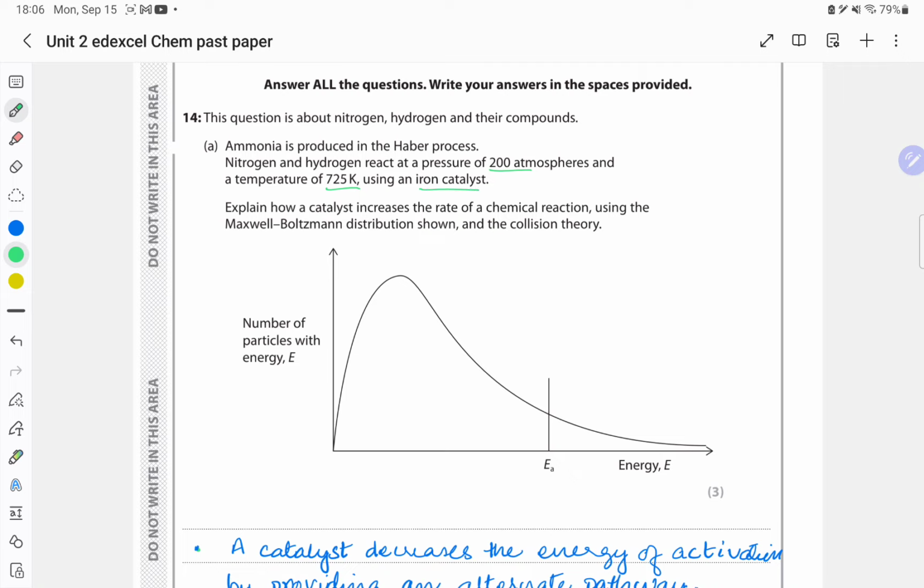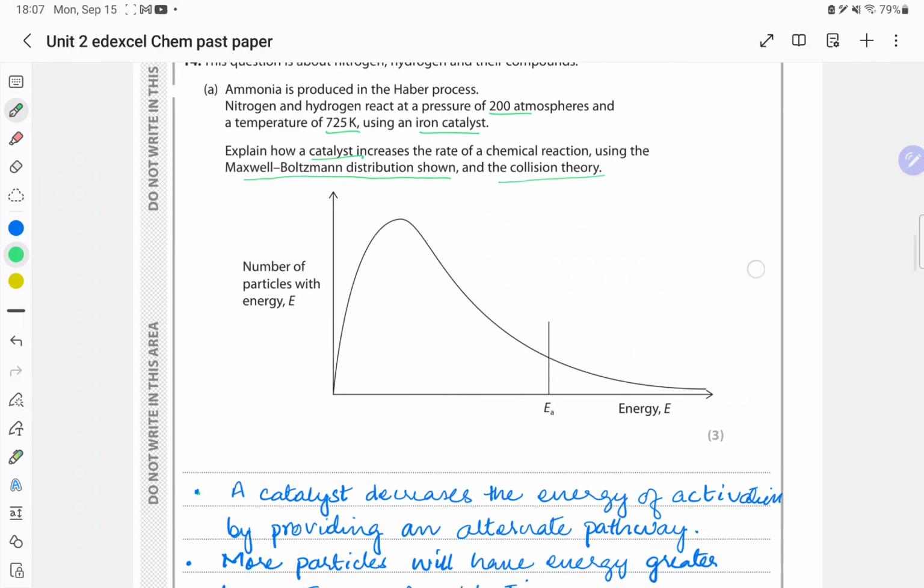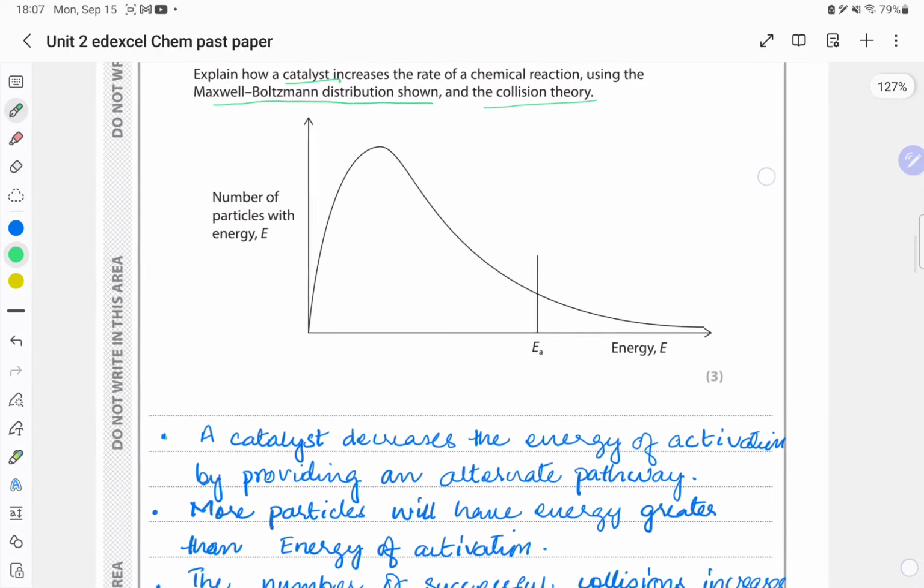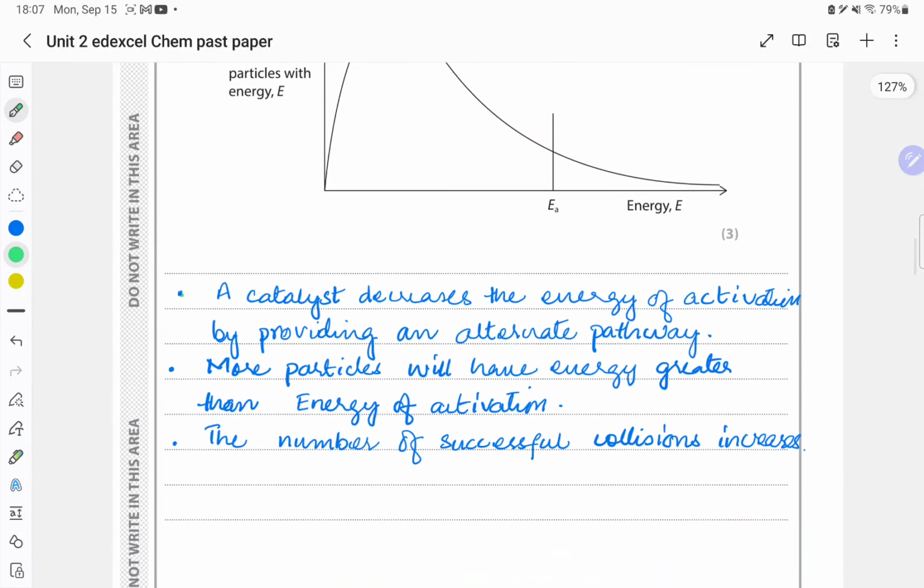Explain how the catalyst increases the rate of reaction using the Maxwell-Boltzmann distribution shown. The curve is shown to you, and according to collision theory they're asking what the role of the catalyst is. Everyone knows that a catalyst decreases the activation energy by providing an alternative pathway.